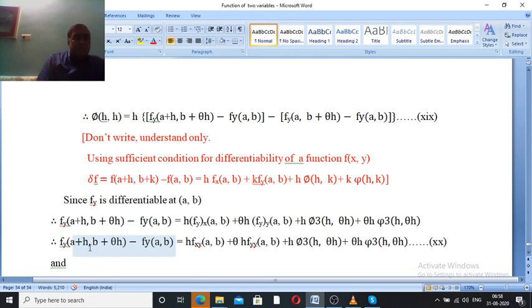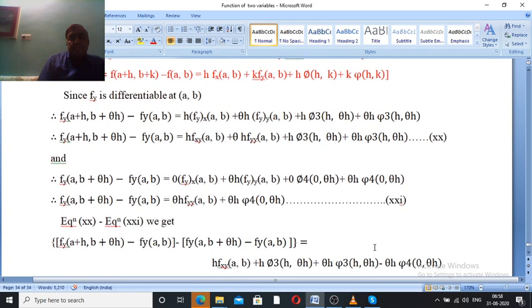Therefore, fy of (a plus h, b plus theta h) minus fy of (a, b) is equal to h fxy at point (a, b) plus theta h fyy at point (a, b) plus h phi 3 of (h, theta h) plus theta h psi 3 of (h, theta h).